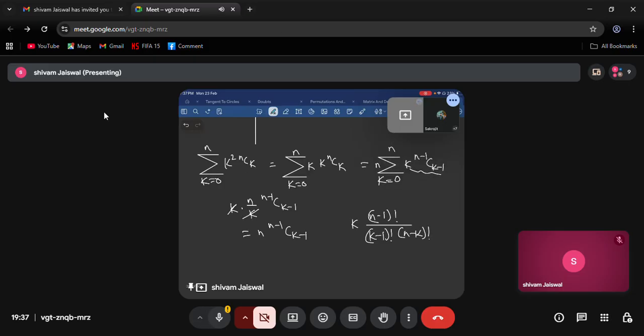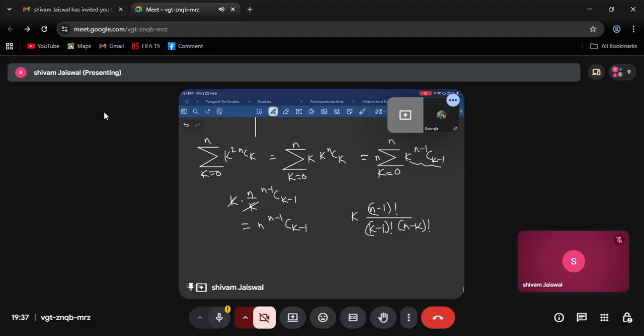So this one we can multiply and divide by n. k into n minus 1 Ck minus 1.